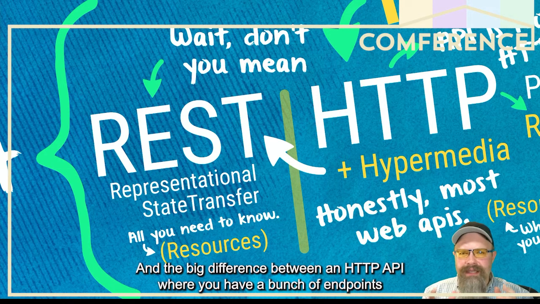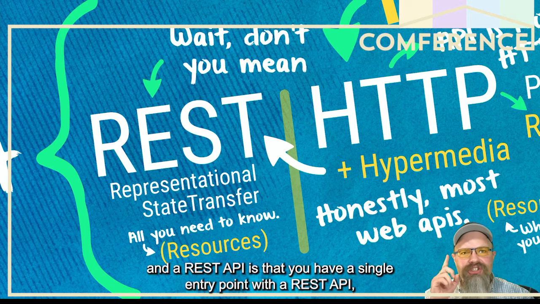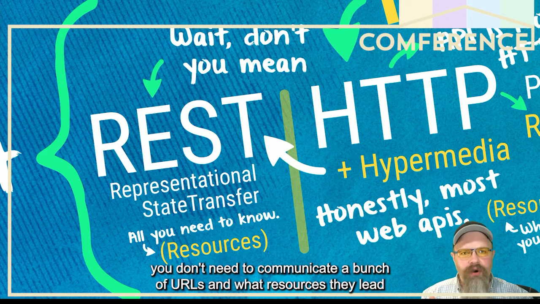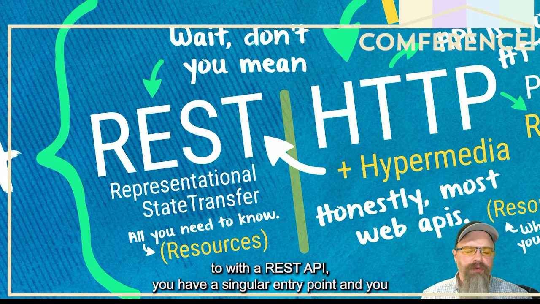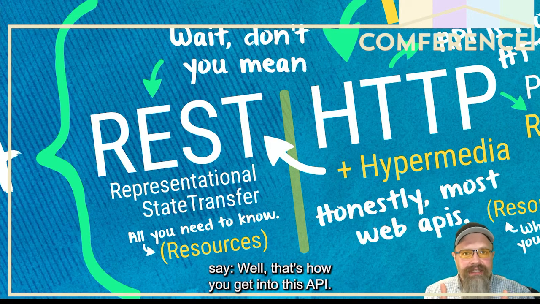And the big difference between an HTTP API, where you have a bunch of endpoints, and a REST API is that you have a single entry point with a REST API. You don't need to communicate a bunch of URLs and what resources they lead to. You have a singular entry point, and you say, that's how you get into this API.